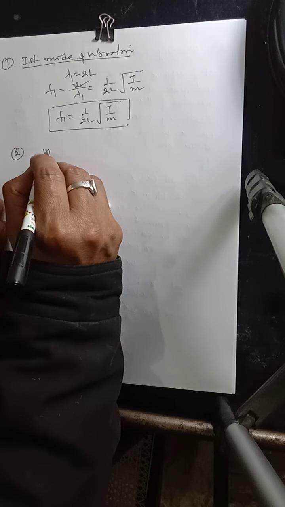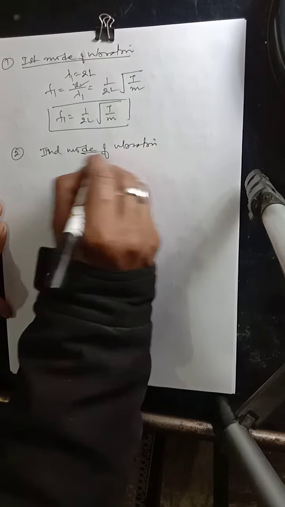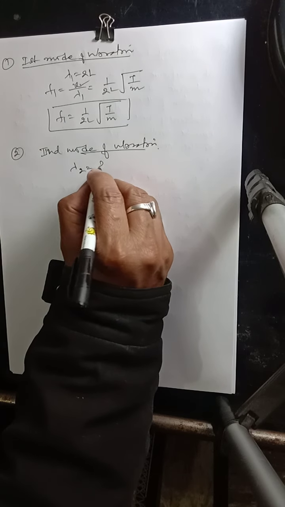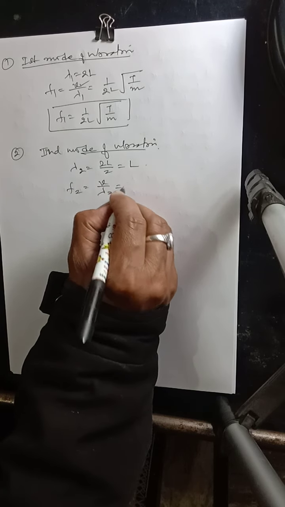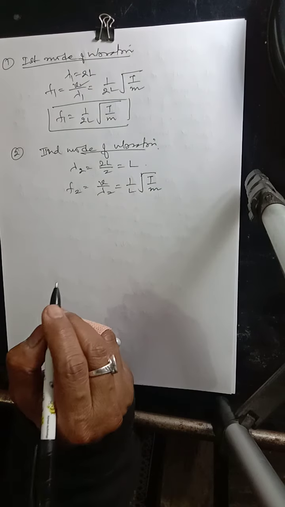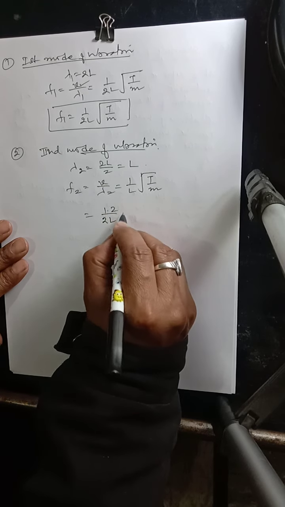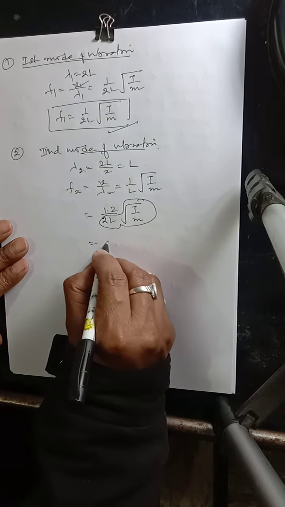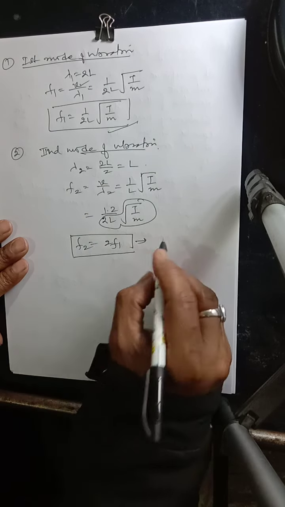The second mode of vibration: lambda 2 becomes 2L by 2, it becomes L. So the frequency is 1 upon L, under root of T by M, which becomes 2F1, and that is F2.